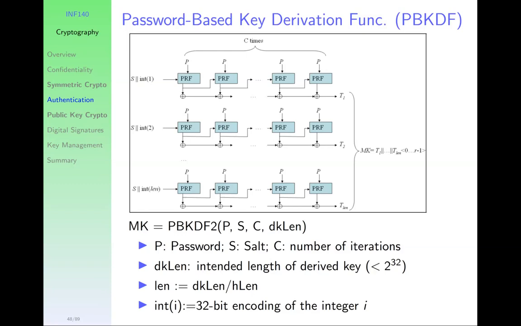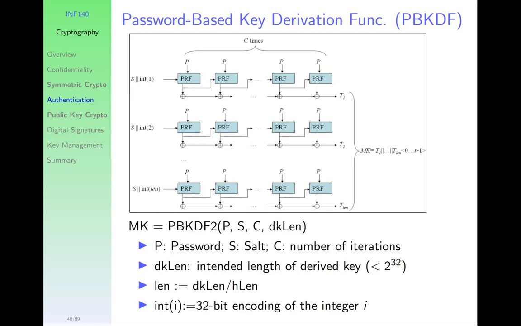The input from the user is a password. And here's another input called salt. You can interpret it as an initial vector. Also, you can specify the number of iterations here.